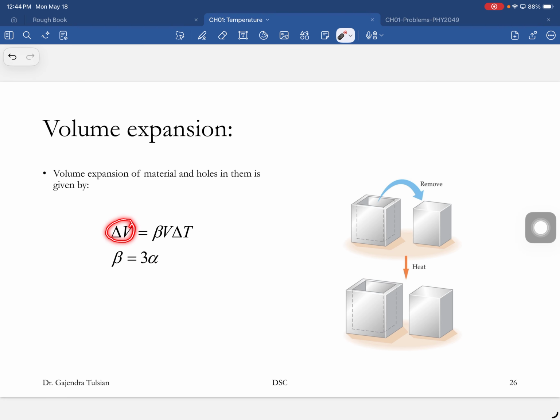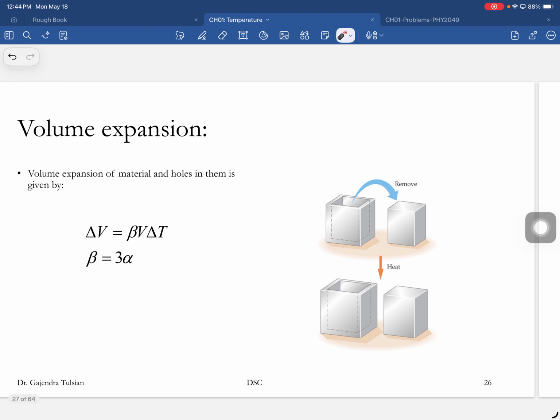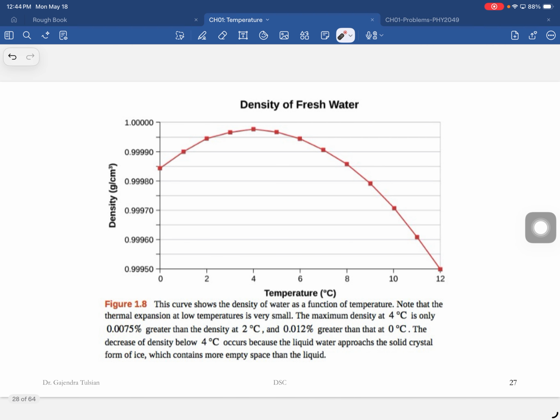But now this is less dense than that. So this doesn't sink. If it was some other liquid, like alcohol, that would have sunk. But this is water. It remains there. This loses further heat. It eventually freezes. And that's another property of water: ice is less dense than water. So now you've frozen the top part.